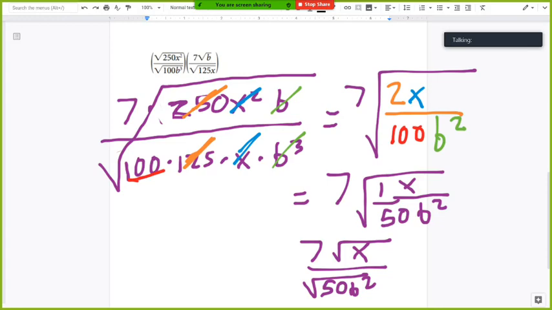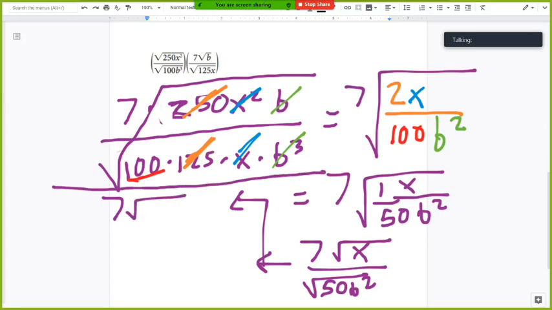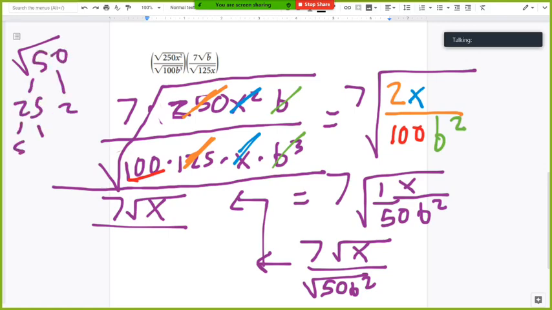Alright, so we're getting closer to simplifying it, but we have a radical in the denominator, so we can get rid of that by first rewriting the denominator like this. So 7 root x, and then the square root of 50, that's 25 times 2, and 25 is 5 times 5, so that's going to be 5 root 2, and because the square root of b squared is b, it's going to be 5b root 2.